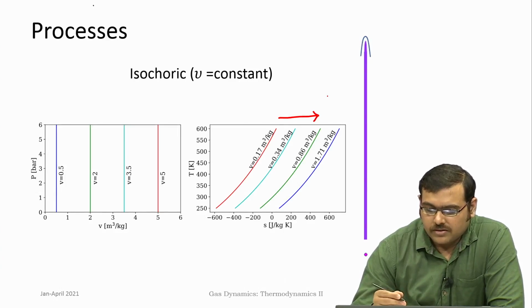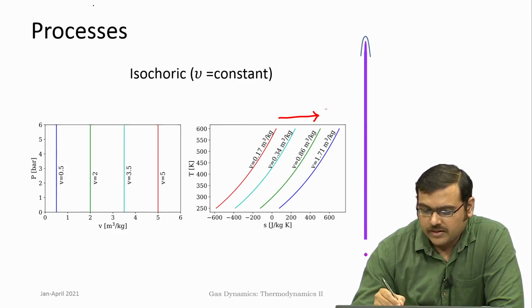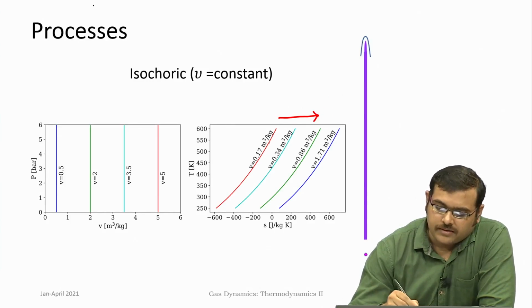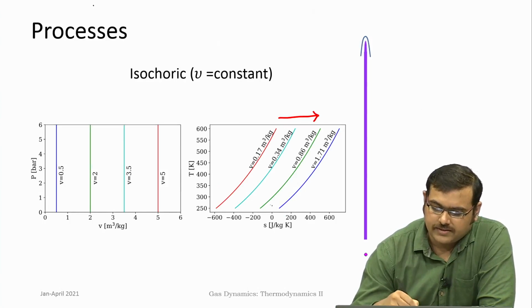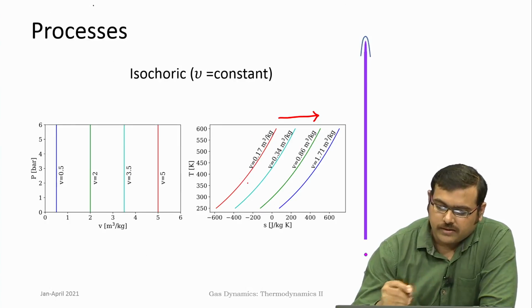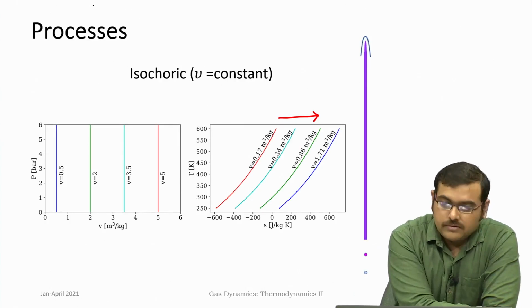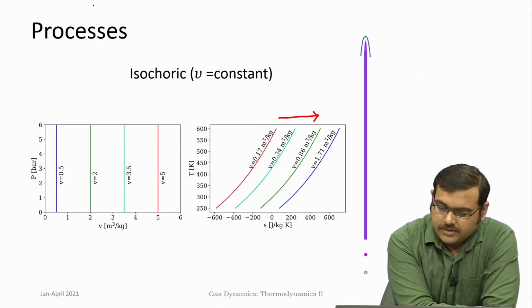So combining the two, you see that previously you had pressure that is decreasing, while here you have a specific volume that is increasing. You should also bear in mind the slopes of these curves. In general, the slope of the isochoric line in a TS diagram will be higher than the isobaric line. So that also you should be bearing in mind, so that you are able to understand these representations.